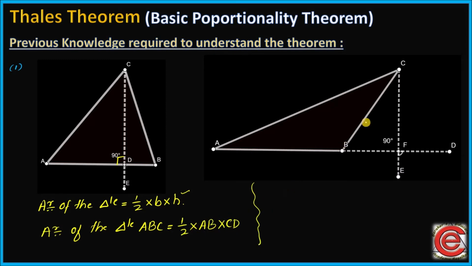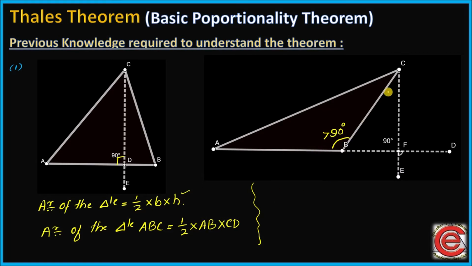But if there is any triangle with any one angle more than 90 degrees, in that case some students commit the mistake in considering the height, or they will be under confusion. So the students should have this basic knowledge.